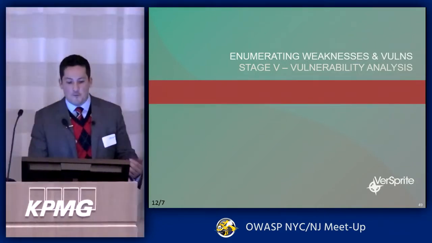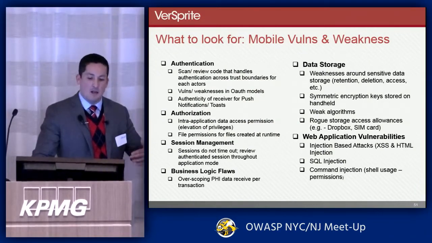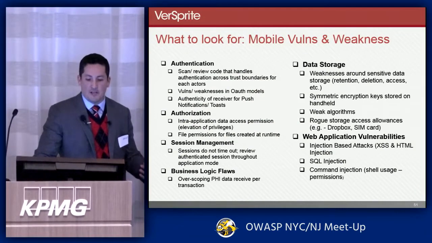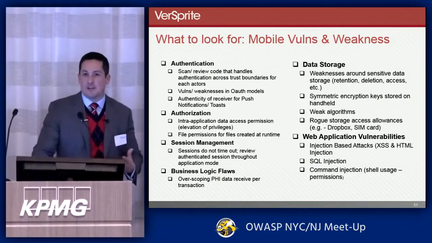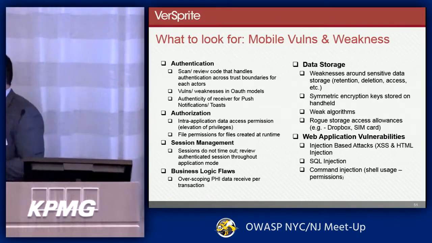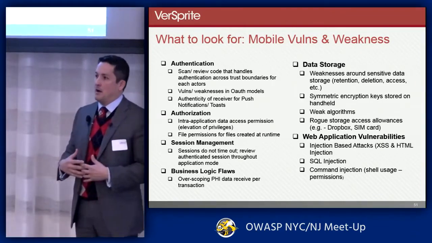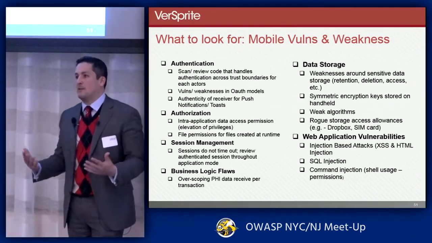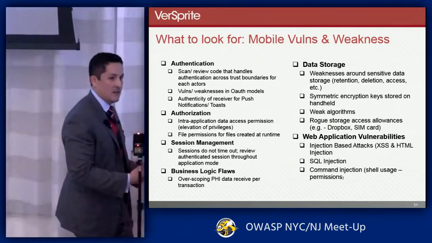With phase 5, it's about understanding what's wrong. It's about looking at all the different use cases of authentication, authorization, session management, business logic, and fraud flaws, and seeing what is weak. Going back to my earlier example of realizing a threat, no one typically likes to threaten something or somebody where they know there isn't a weakness in that entity.